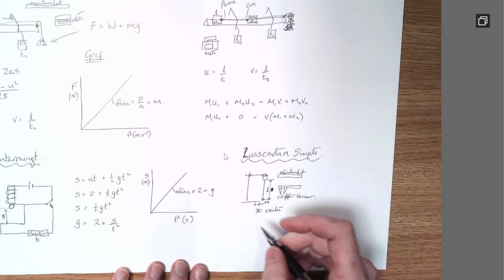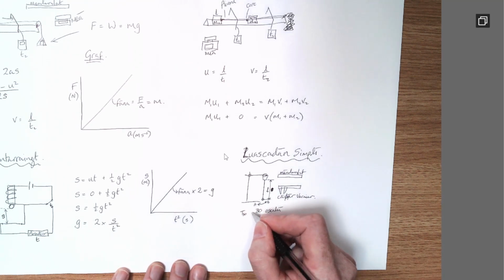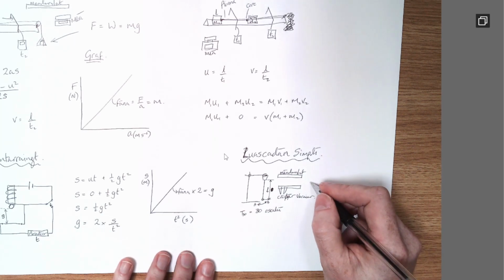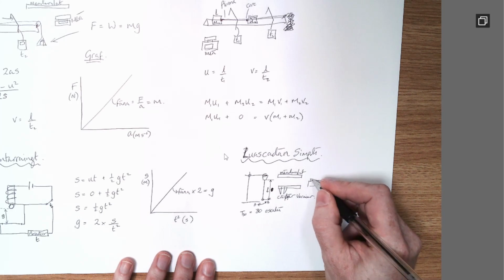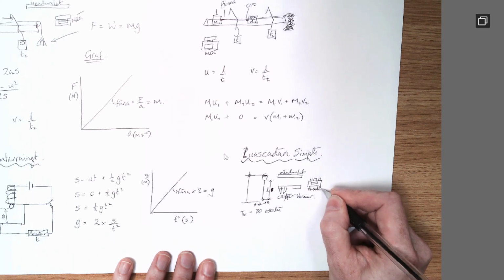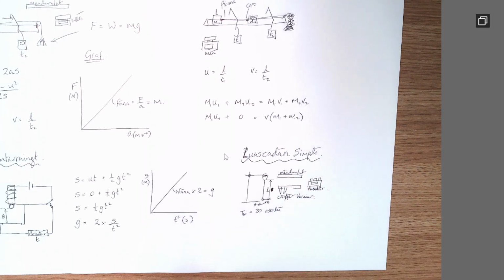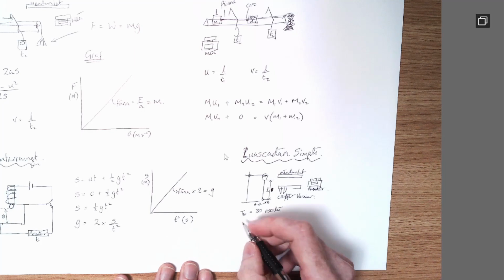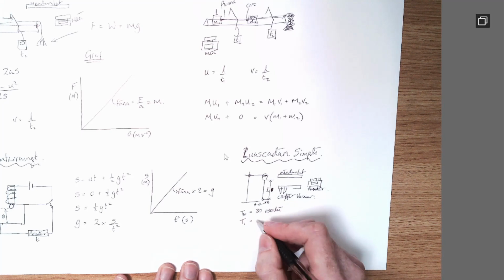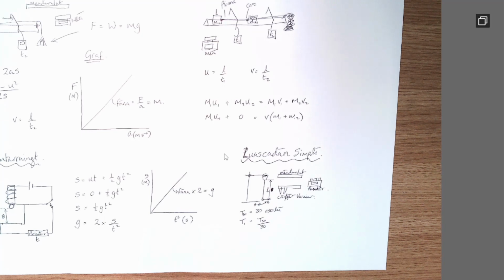So in the time T30, the time for 30 oscillations, measured with a timer, you divide by thirty to get the period T.